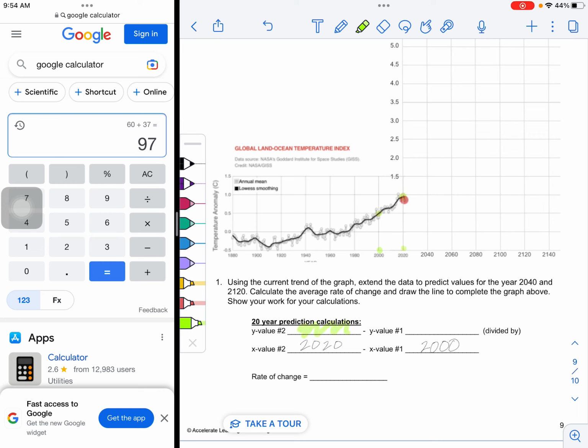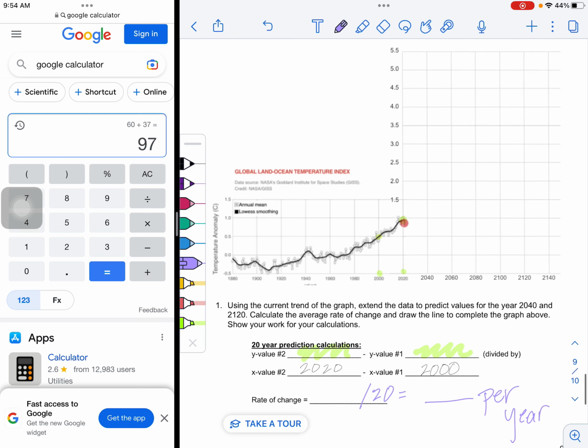Plug those in. And figure out your rate of change for 20 years' time. What does that mean per year? Plug it in just like we did. If it's changing that much for 20 years, times 20. Changing that much times 100, and add it to the graph. So you're going to get your projection with your data points out here.